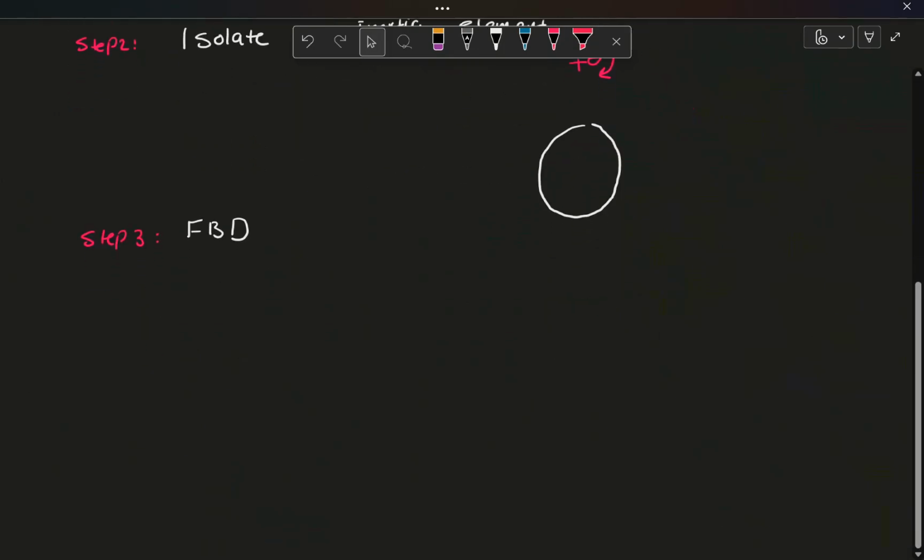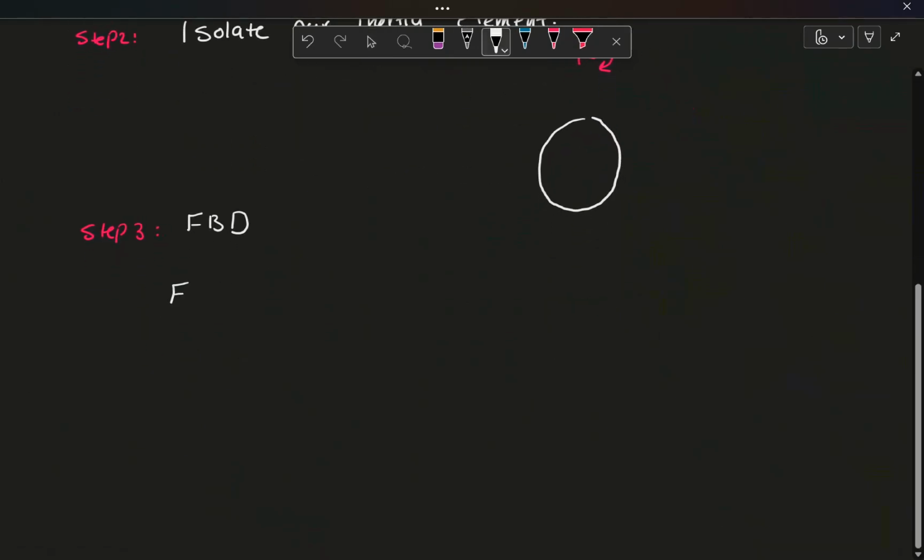In step 3, again, I would go after view, CSR. The first one is friction. Now, I would need to look at 2 things here. The first one is the moments or torques.